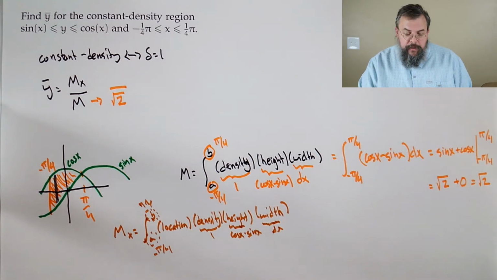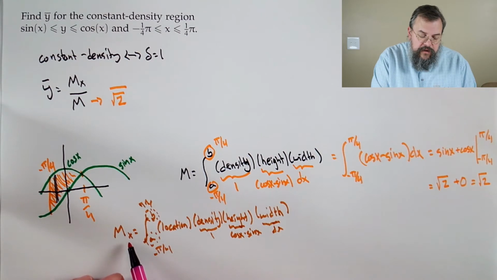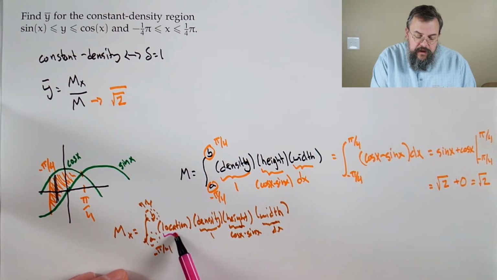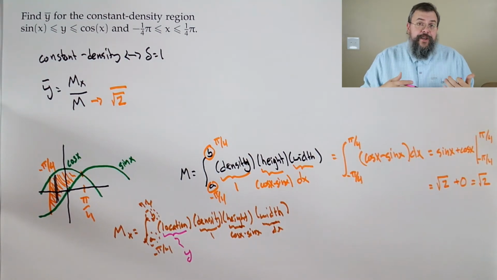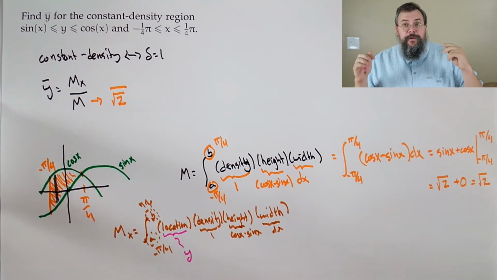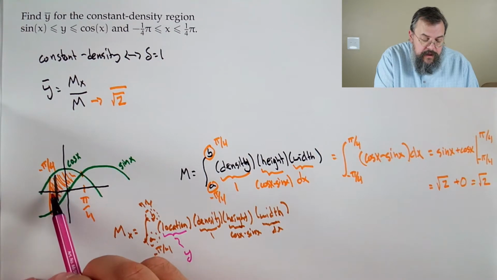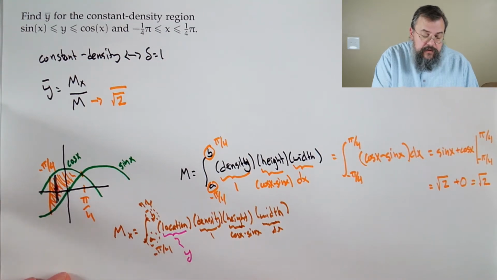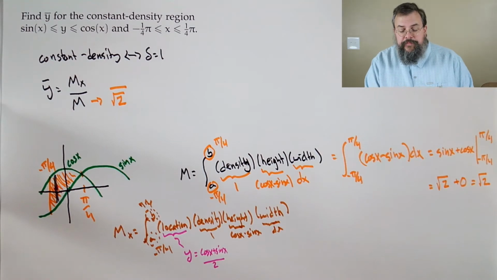Well, the very simple way to say it is when I'm talking about the distance to x, or location relative to x, we say this should be y. Now, of course, we can't put it as y because we need to have everything in terms of x. So what does y mean? Well, you go here and you say, in terms of the little strip, the y is the halfway point. So that's half of what you would get if you add the two together, or if you like, it's the average of the top and the bottom.